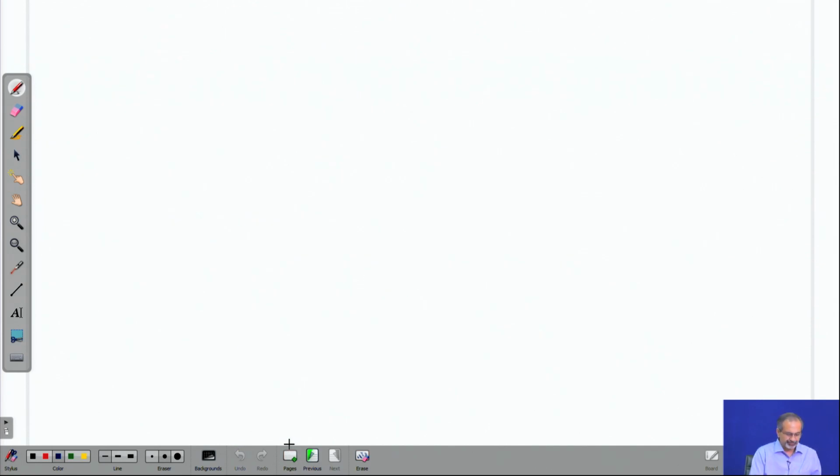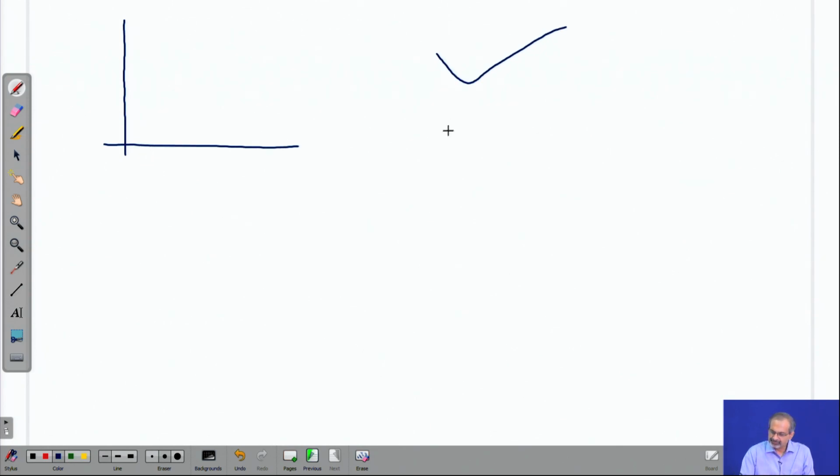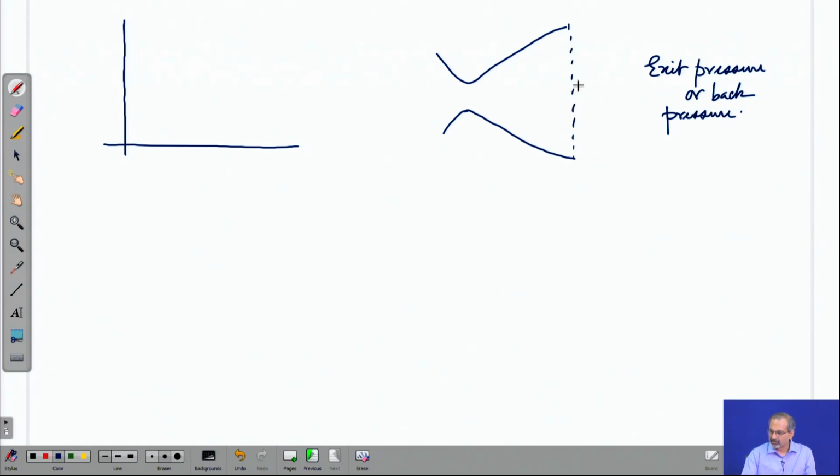Let us suppose you are trying to establish a flow through this nozzle by altering the exit pressure or back pressure. So, this is the exit plane. Whatever pressure exists beyond it can be the exit pressure or the back pressure.